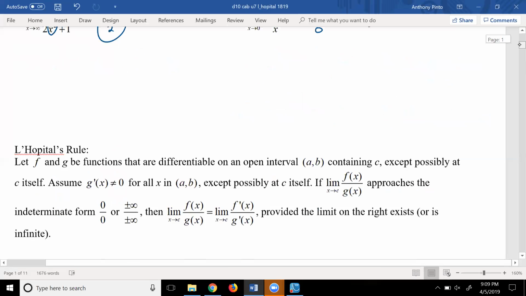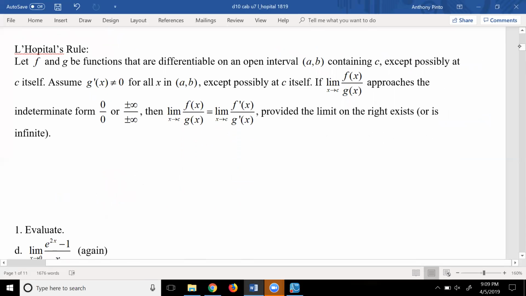And we're going to learn this awesome rule called L'Hopital's rule. And L'Hopital's rule says the following. I'll let you read through this. So what's really important is that when you plug in the value that x is approaching, you have to get 0 over 0 or positive/negative infinity over positive/negative infinity.